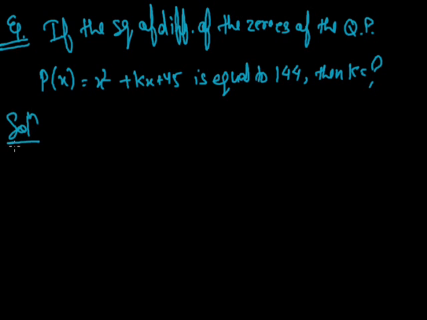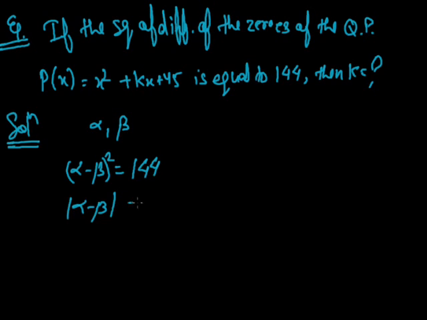See, let's assume the zeros of the quadratic polynomial are alpha and beta. Then we may say that alpha minus beta whole square is equal to 144. Now the difference of the two roots will be 12.